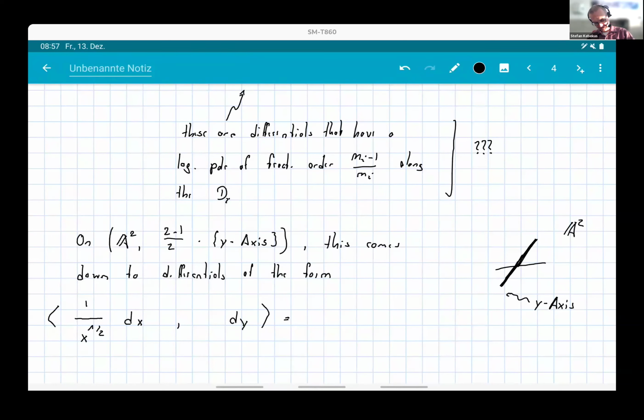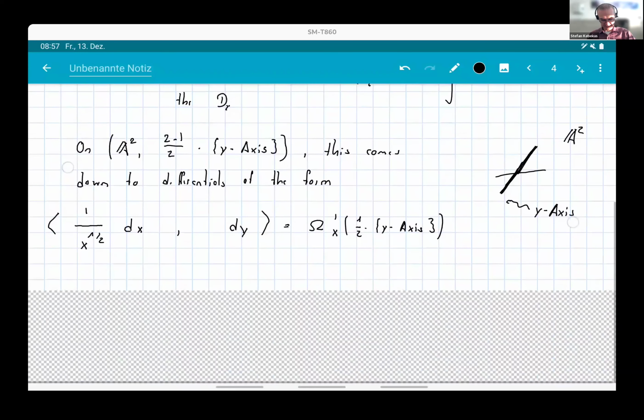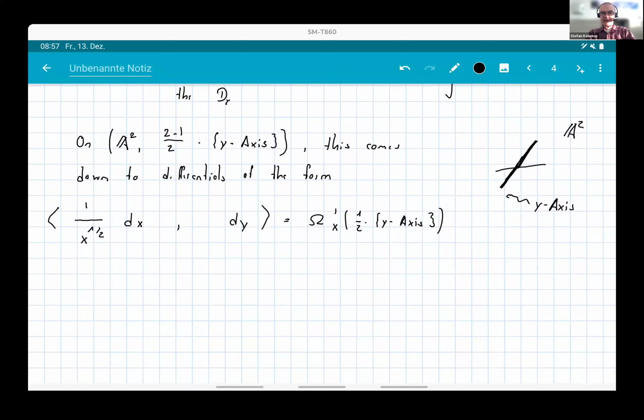So this is the sheaf of log differentials with fractional pole order. So this is what we want to do.